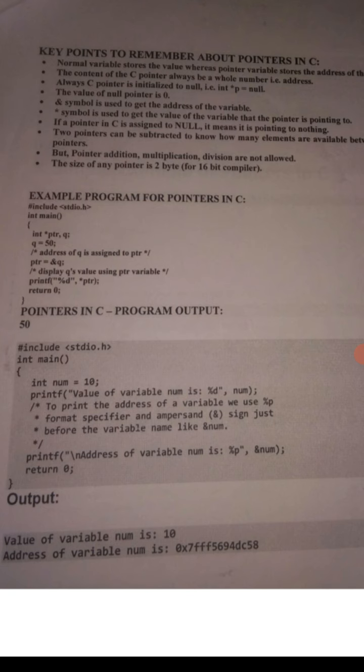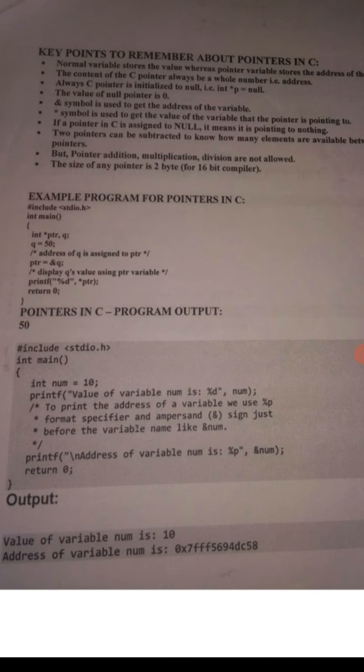See explanation: to print the address of a variable, we use %p as the format specifier and an ampersand just before the variable name, like &num. Then *p is used to print the address of variable num, that is 0x7FFF5694DC58.